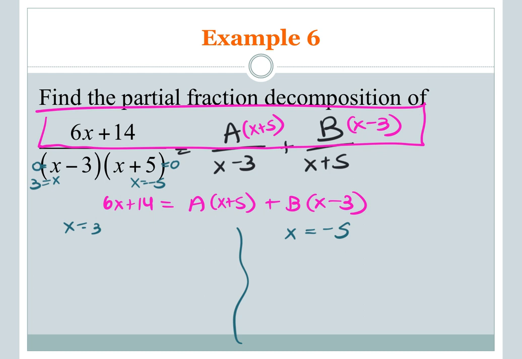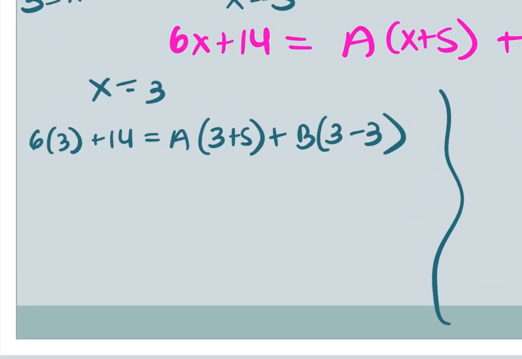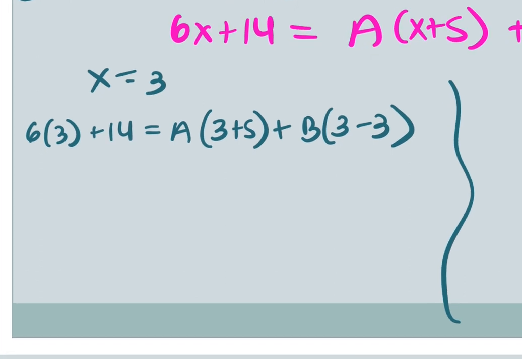So on the left, I'm going to do 6 times 3 plus 14 equals A times 3 plus 5 plus B times 3 minus 3. If you do it correctly, one of those parentheses is going to be a 0 and it's going to cancel out one of your A's or B's.